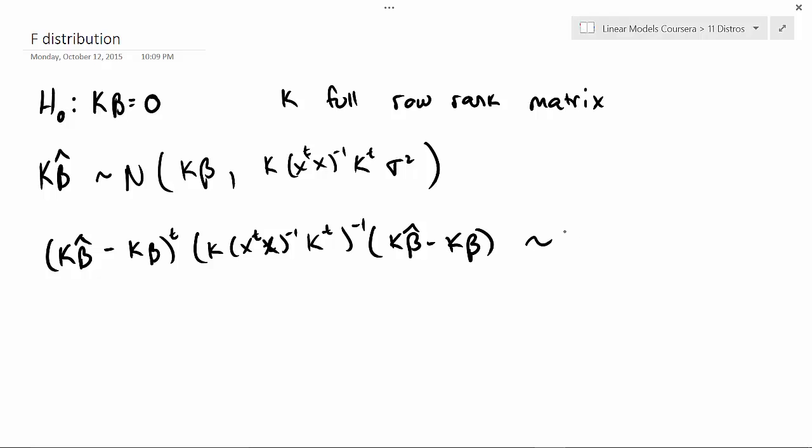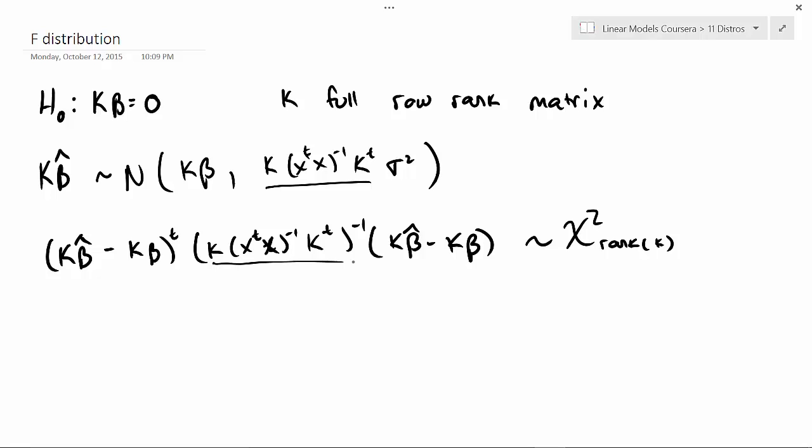And that's clearly going to be chi-squared with rank of K degrees of freedom. The reason is that, by virtue of K being a full row rank matrix, this is an invertible matrix, a square matrix with dimension the number of rows of K. And just by the results from the first section of this chapter, this is exactly chi-squared.